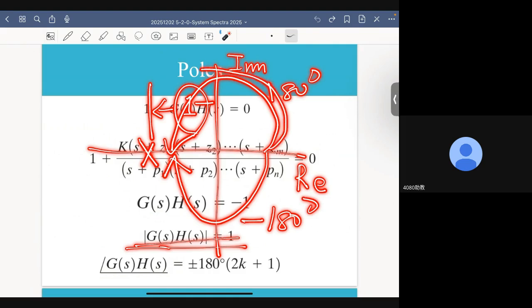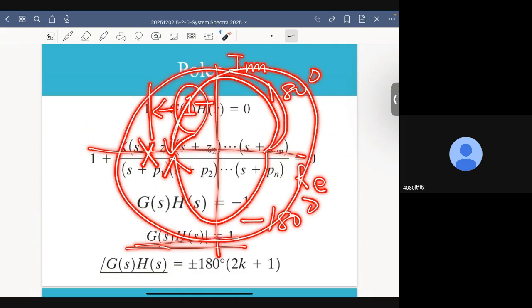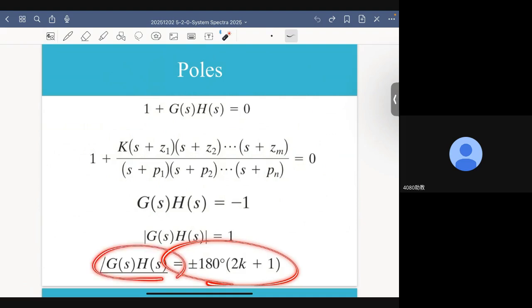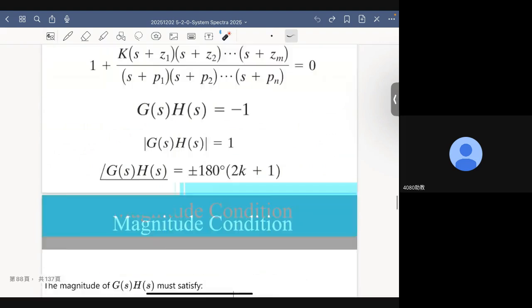And I can go around for one more circle, which means it can be positive 540 degrees or minus 540 degrees. Nevertheless, the general solution is that the angle has to be an odd multiple of 180 degrees, plus and minus 180 degrees.